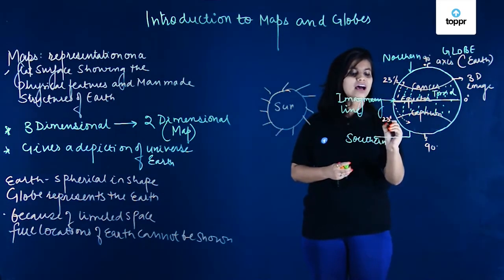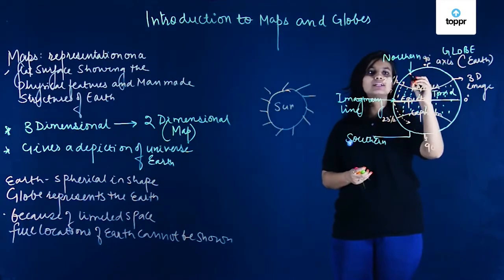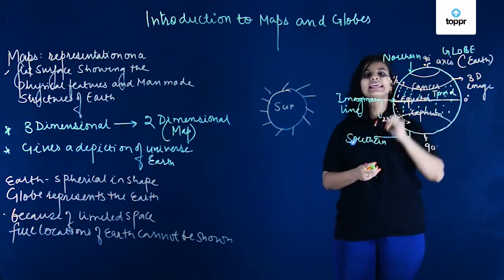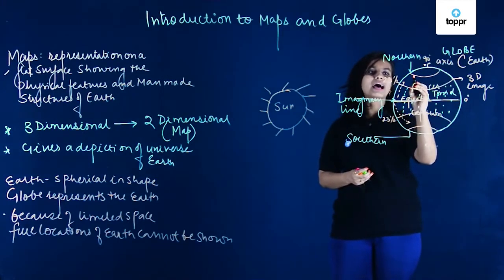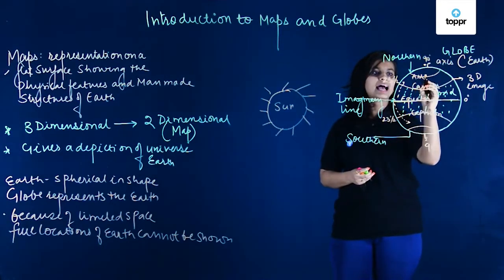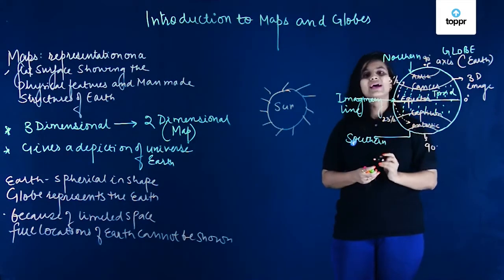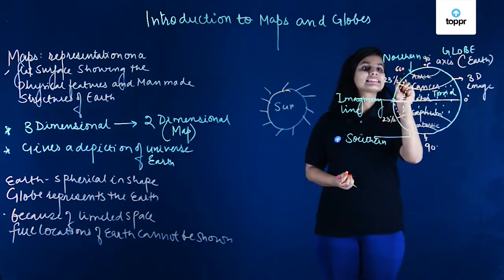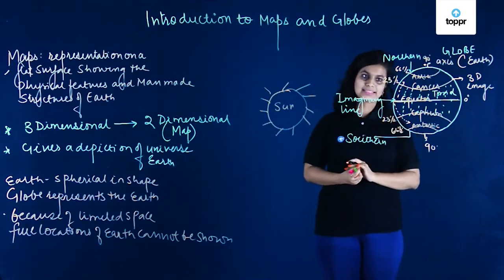This is 23.5 degrees south. When we move a little ahead of Cancer, we see there is another zone, right? What is this zone? This is known as the Arctic and this is known as the Antarctic region. Right, student? So this is 66.5 degrees here and this is 66.5 degrees here.